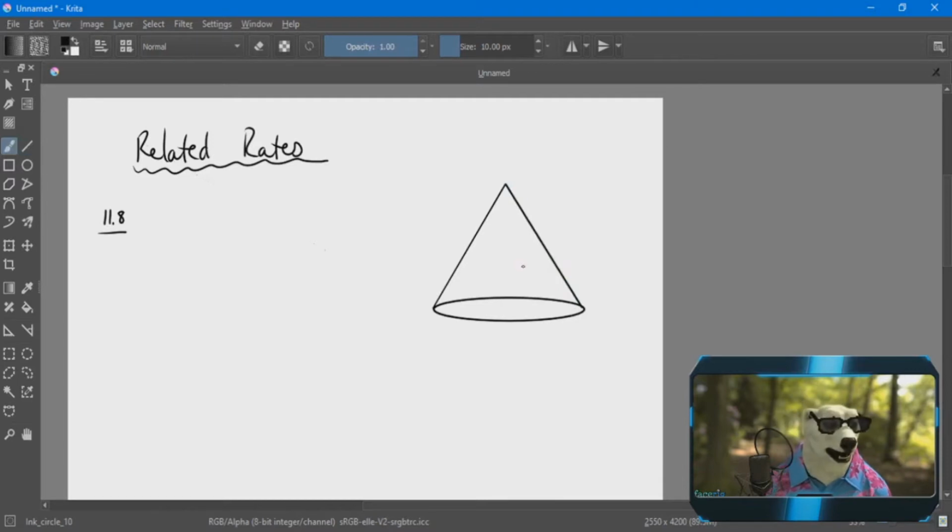Now my picture of the cone is much steeper than the question describes, because the question says the radius and the height is the same, but in some cases it might not be. In either way, I need to know the radius and I need to keep track of the height. And what else do they care about?